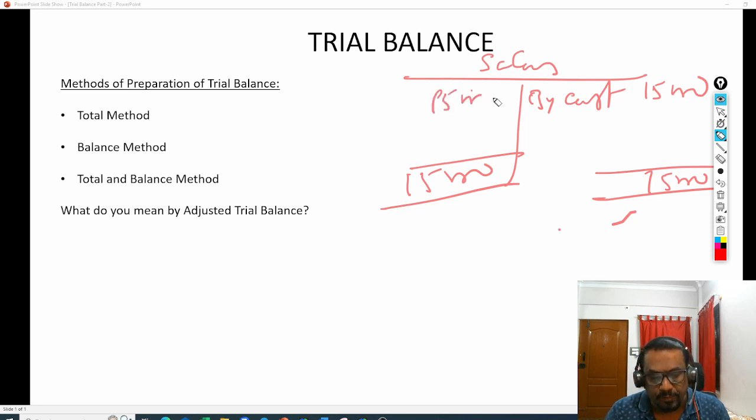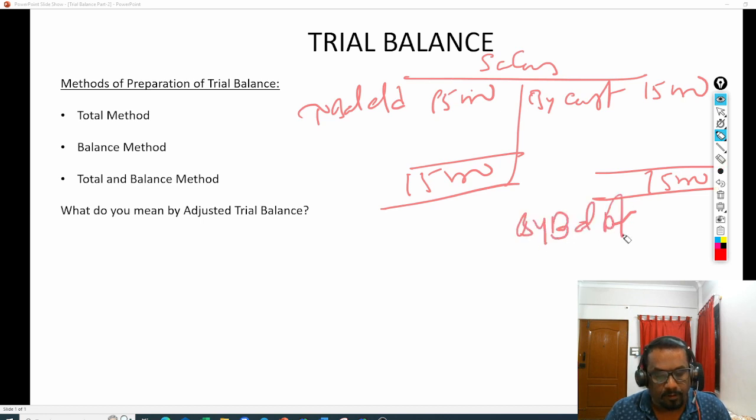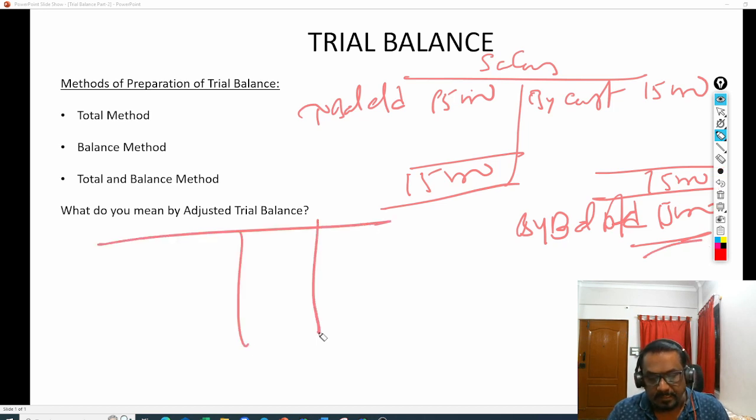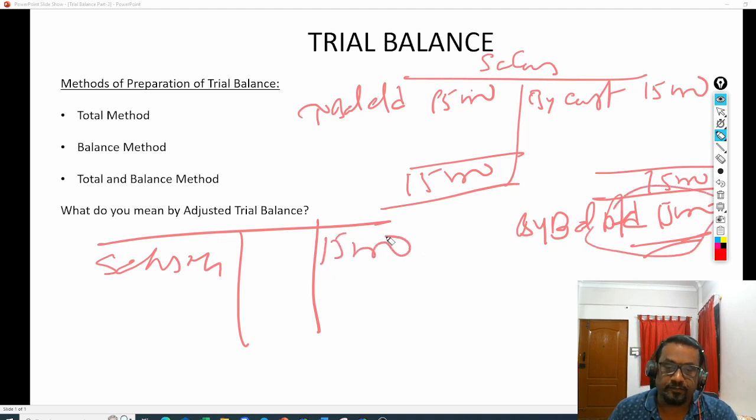So put the same 15,000, to balance carried down, by balance brought down 15,000. Then when I prepare the trial balance, sales account I have to write here and brought down balance is in credit side. So I need to put sales account in credit side of 15,000. Are you clear? This is how the balance method will work.